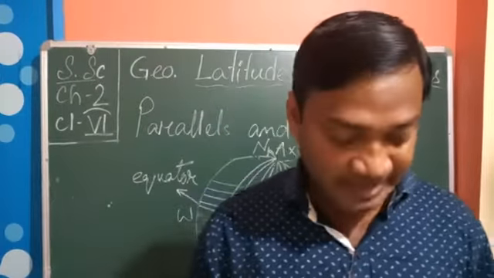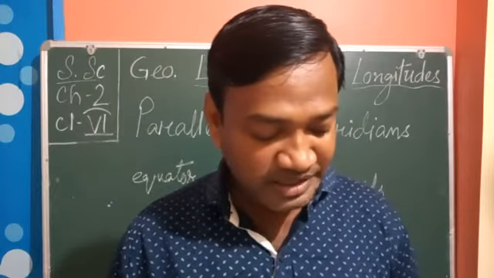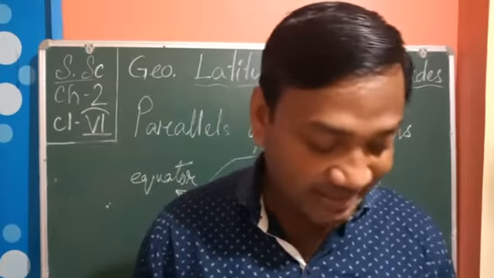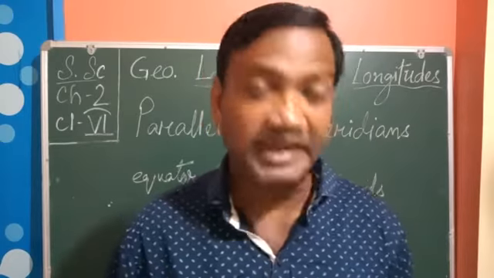There are 360 degrees in a circle, 60 minutes in a degree, and 60 seconds in a minute.